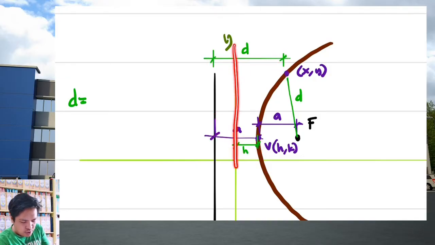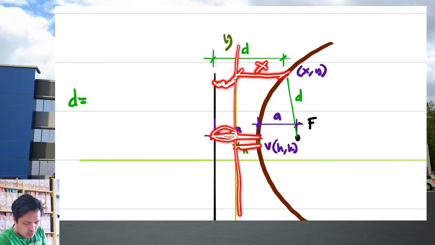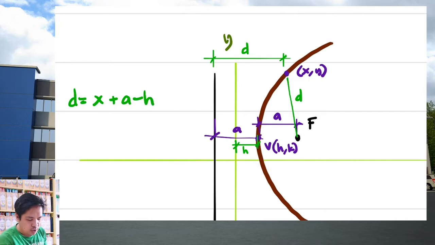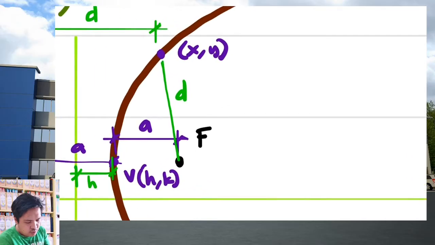So that would be this minus h, this distance, plus x, which is this distance. This is our axis, the y-axis. So this distance is x. So x plus this distance, that would be d. And this distance is a minus h. Therefore, d is x plus a minus h. So that is the distance d. Now, if we look at this side, to get the distance d, we'll just use the distance formula.